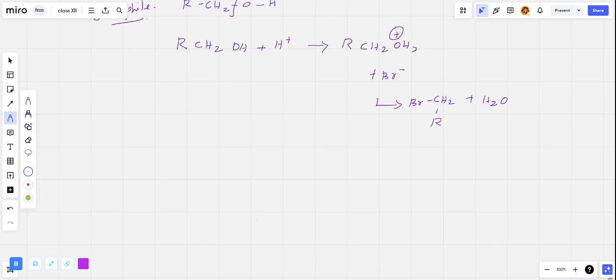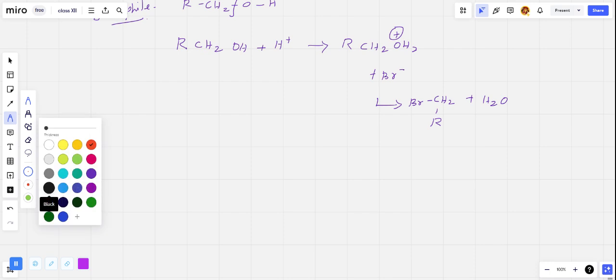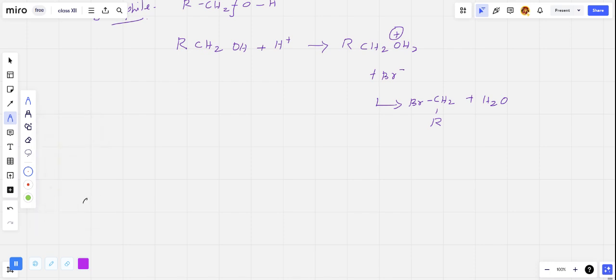It's chemical properties. The first one, the reactions involving cleavage of the OH bond.